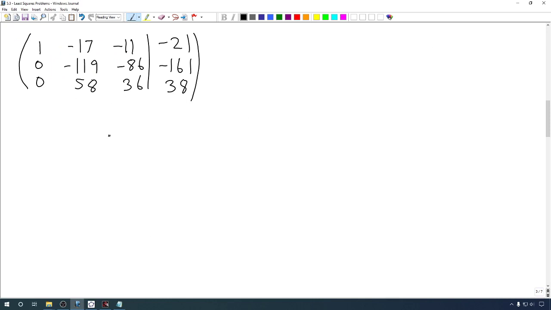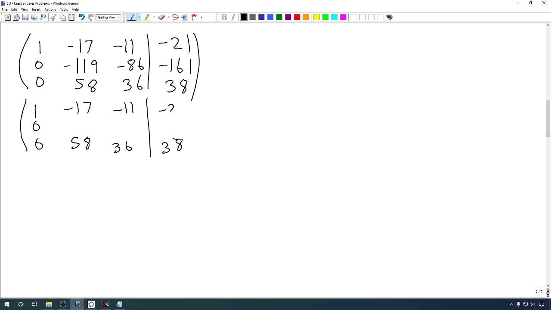And now, starting with this on a new page, we'll go ahead and do a similar thing. How many times does 58 go into 119? Well, it goes twice. So I'm going to take 2 times this last row and add it to the second row. It's going to leave most of the stuff alone. In fact, it's going to leave the third row and the first row alone.